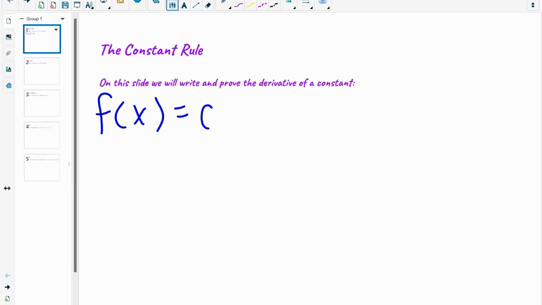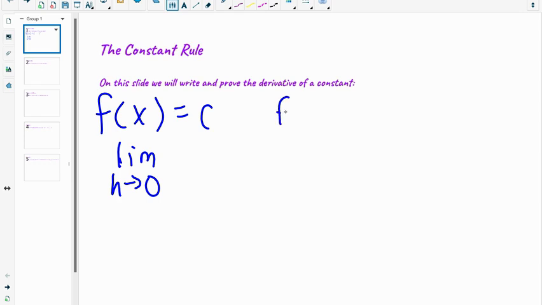So let's use the limit process. The limit as, not x, h. I still make that mistake. As h approaches 0, it was f of x plus h.